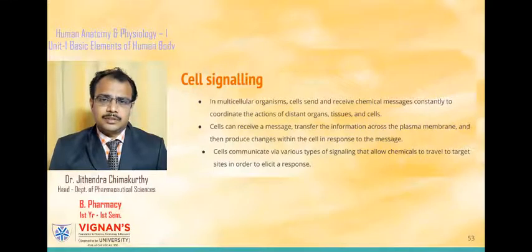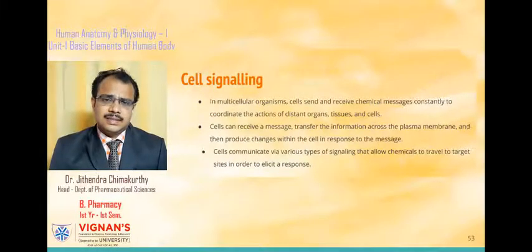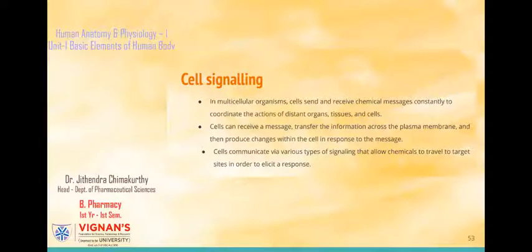Cells can receive this message, transfer the same information across the plasma membrane, and alter the functions within the cell. Before going into signaling, let's see some basic concepts which we have studied previously. A signal molecule is nothing but a ligand, which acts on a receptor present on the same cell or on an adjacent cell.